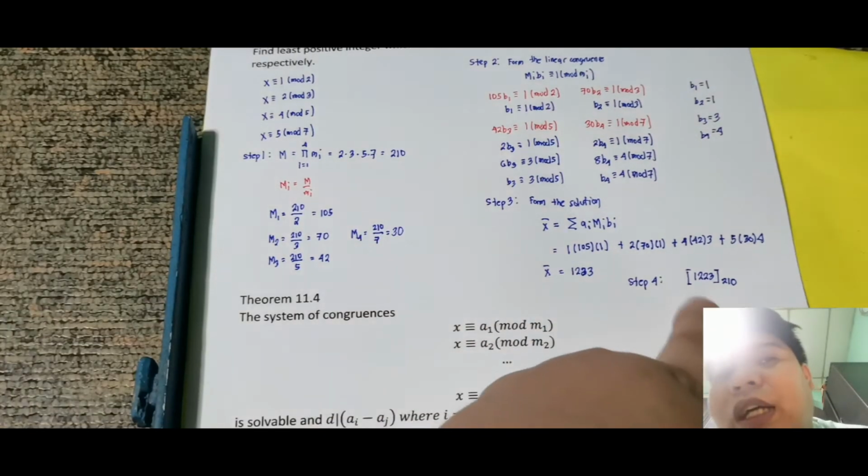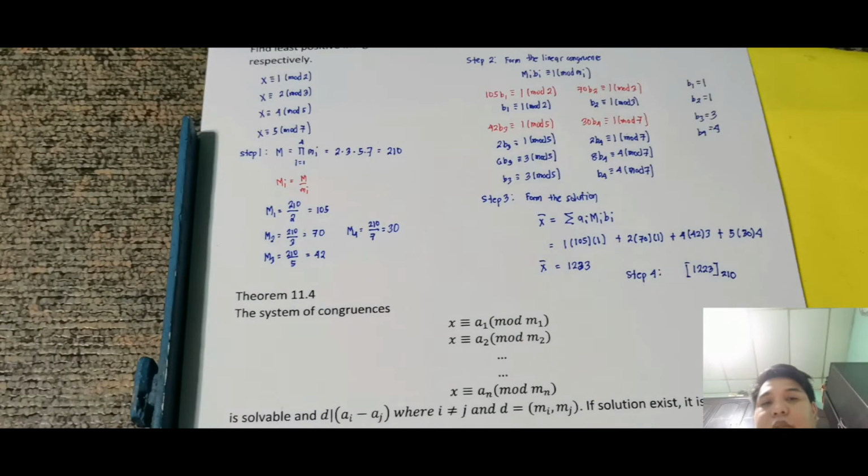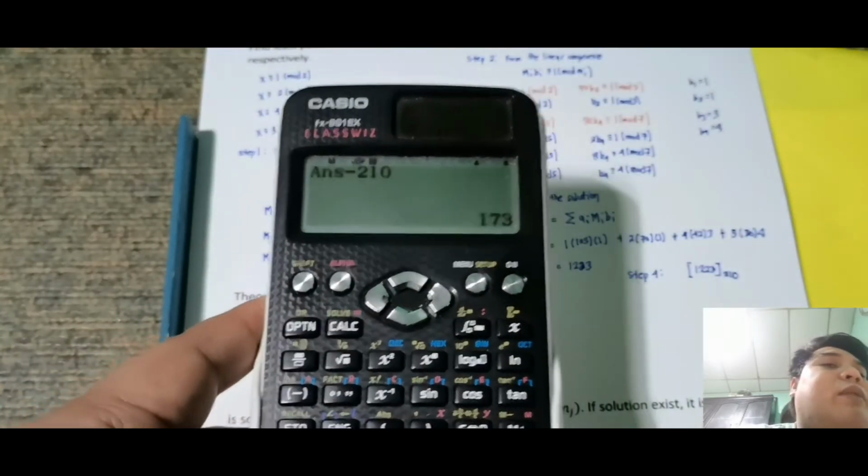Ang gagawin mo, hanggat mas malaki pa siya dun sa ating m, i-subtract mo ng i-subtract. So si 1,223, subtract mo si 1,223 minus 210, minus 210 ulit, minus 210, minus 210, minus 210. So until umabot na less than na siya dun sa m natin, which is 210. So nangyari, that is 173.